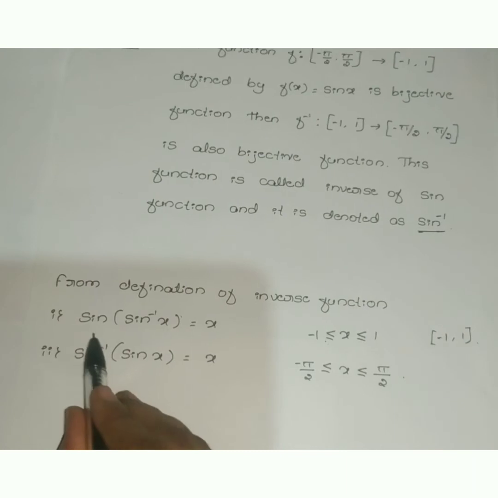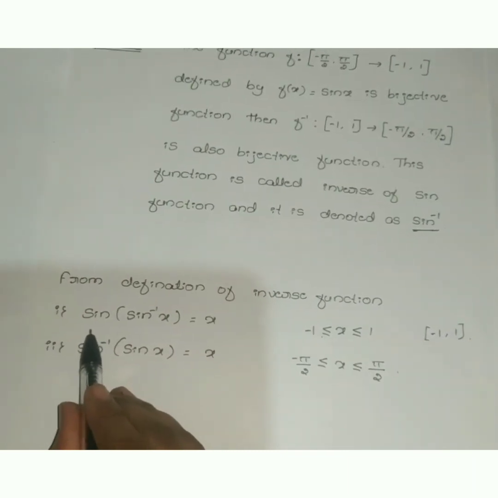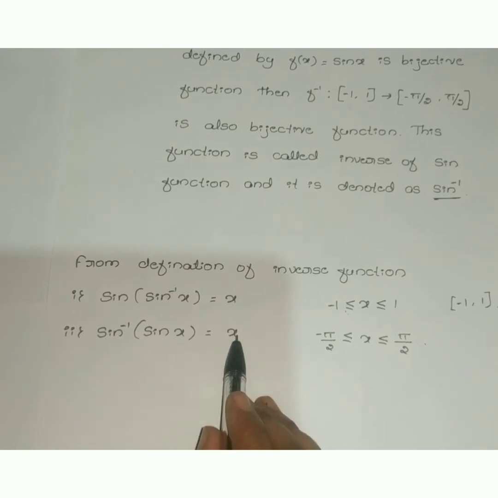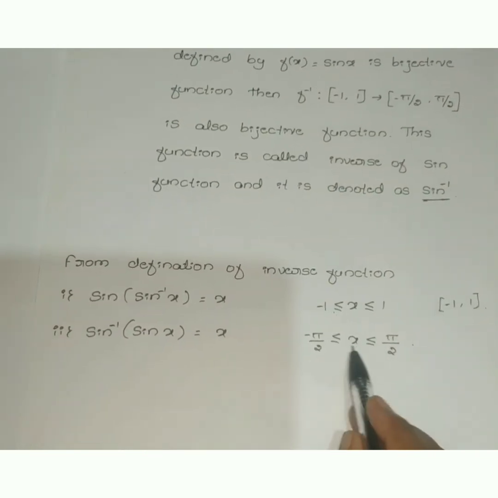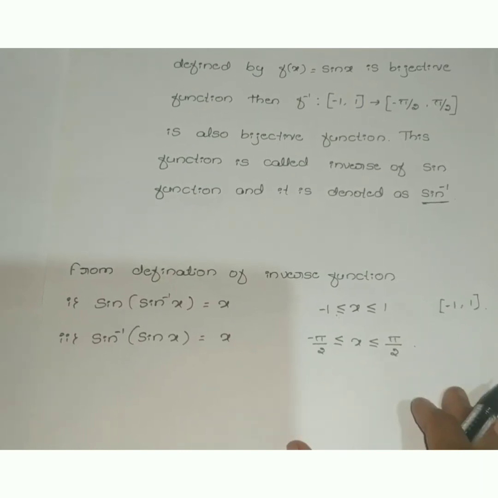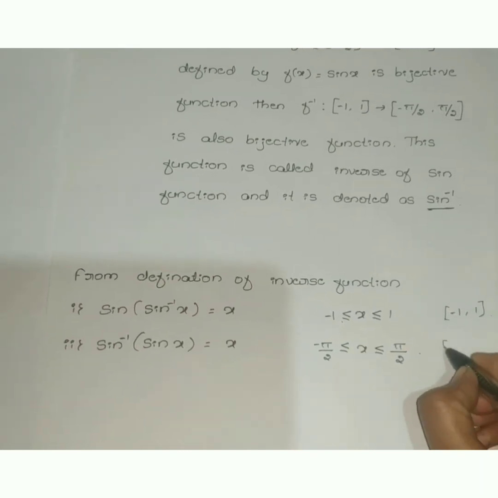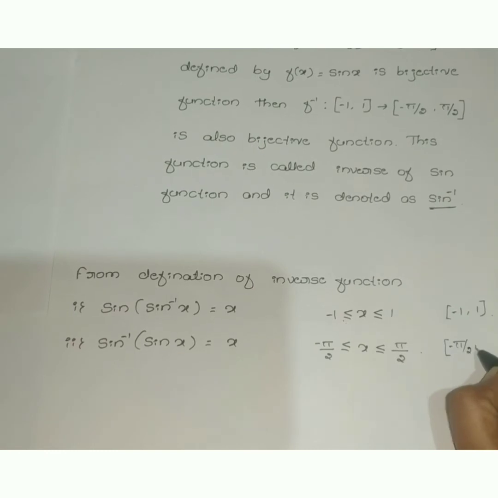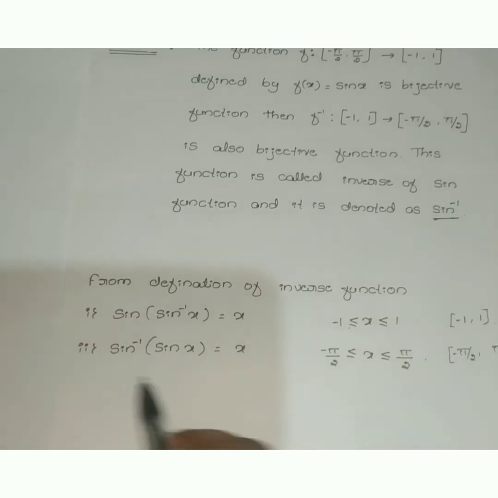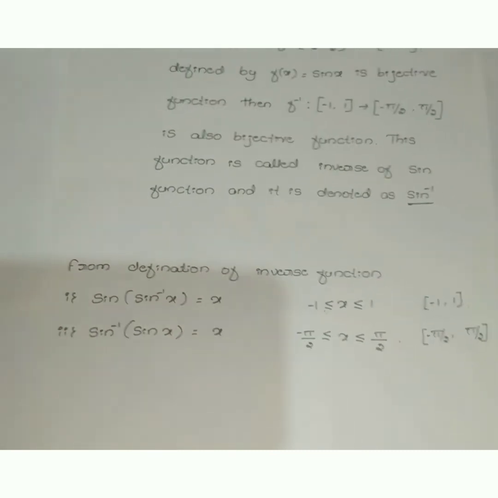This is the range of the sine function. And second note, sine inverse of sine x is also x, where x lies between minus pi by 2 to pi by 2. So closed interval minus pi by 2 to pi by 2. So it is the range of the sine inverse function.